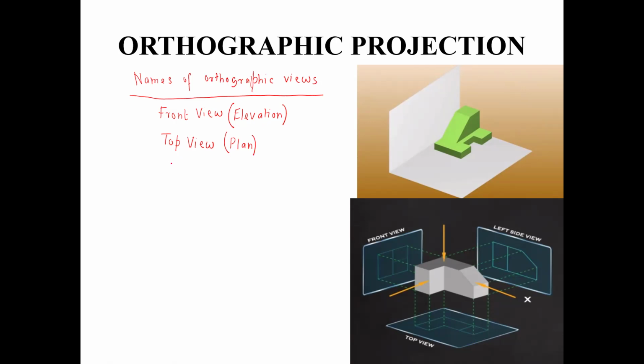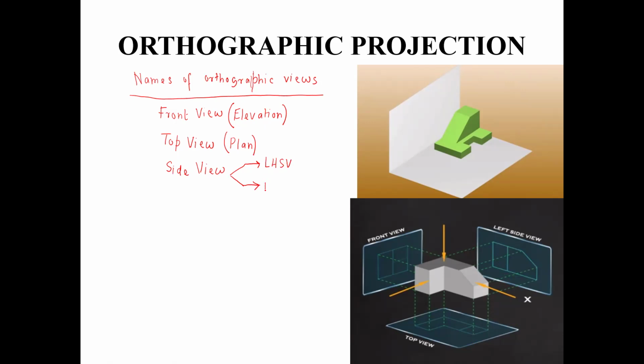Then we have the side view. The side view of the object is the view which is obtained by looking at the object from the side. Now an object can have two sides, left hand side and right hand side. So a person can look at the object from its left hand side and get the left hand side view.